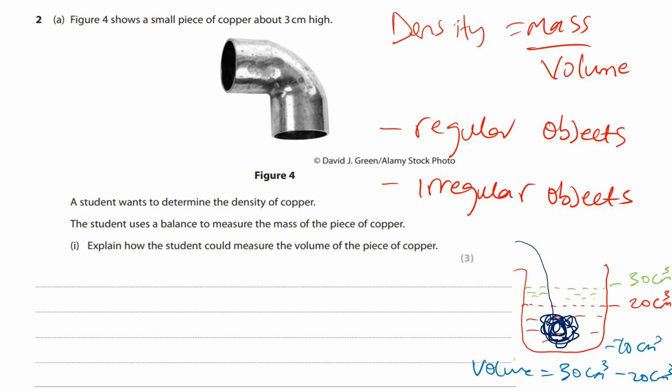So now let's apply that to this question here. The first thing we're going to do is get a beaker or a measuring cylinder. That will give you your 1 mark.